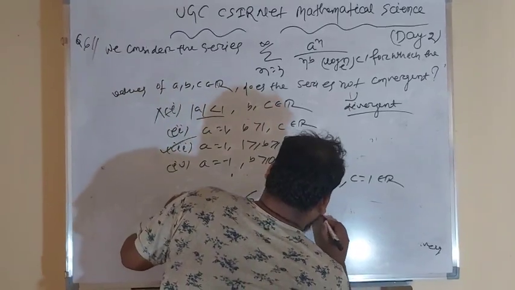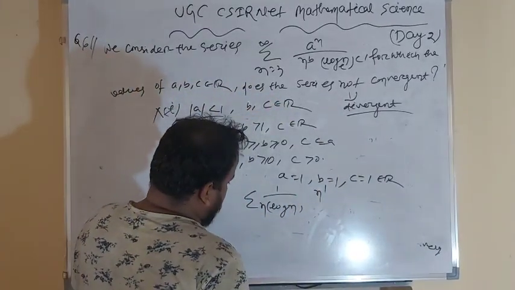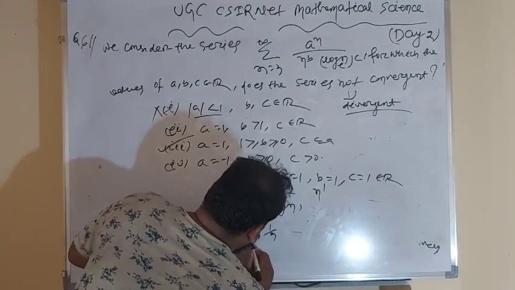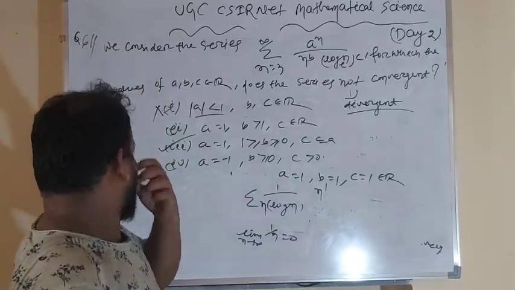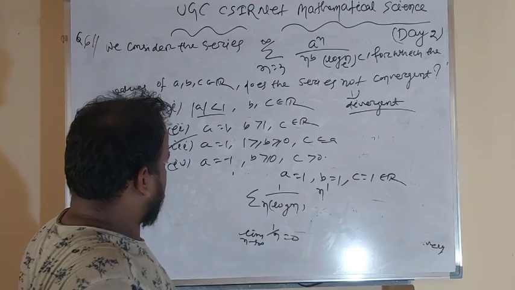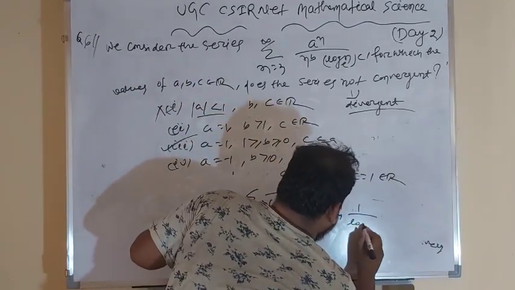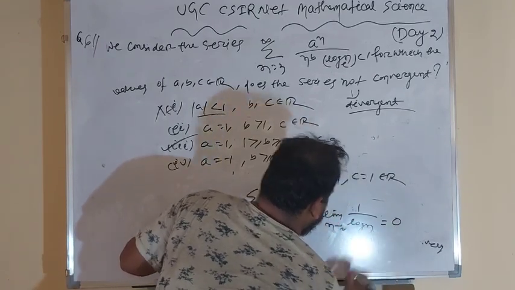By ratio test, the limit of 1 by n as n tends to infinity is 0, and the limit of 1 by log n as n tends to infinity, 1 by log infinity, is 1 by infinity, 0.